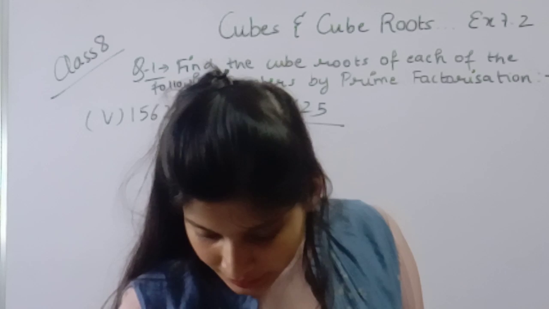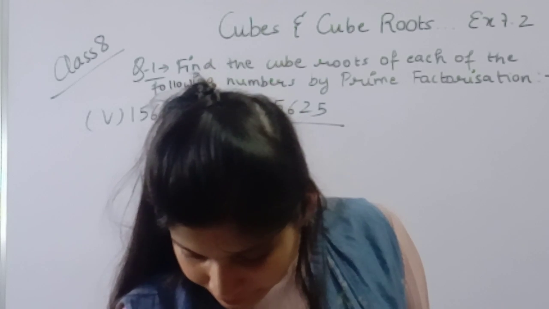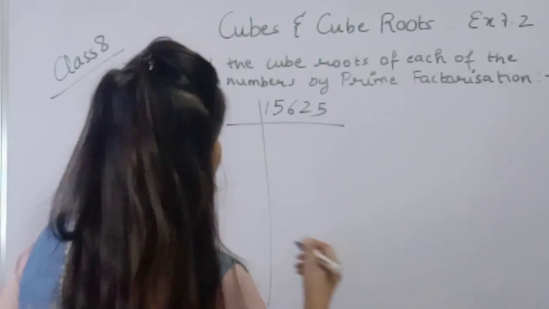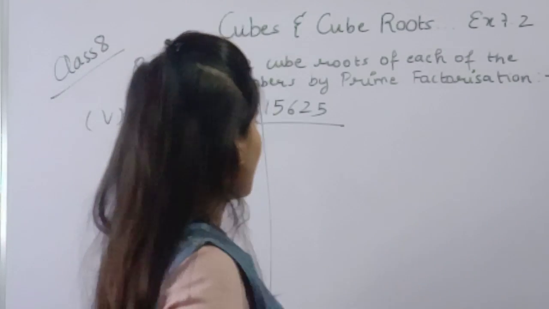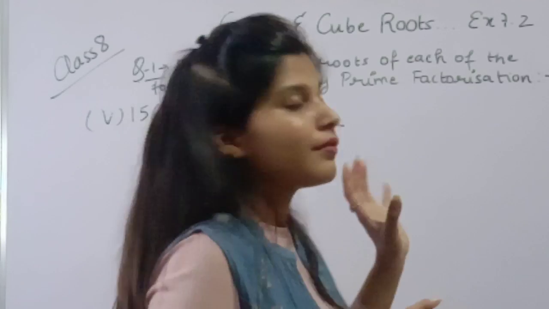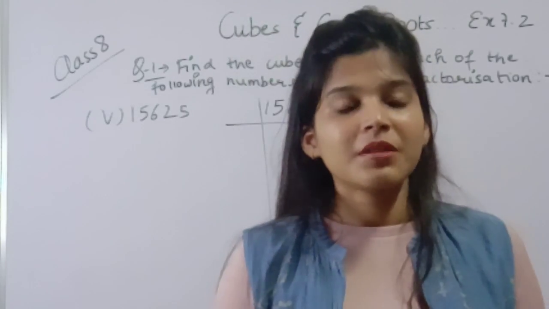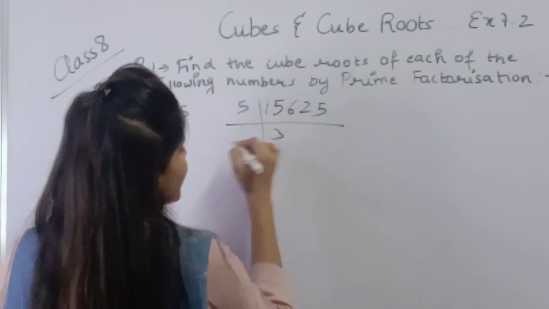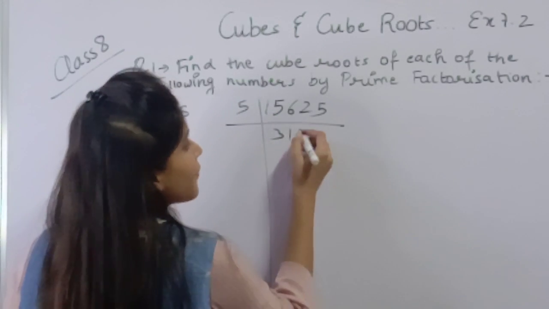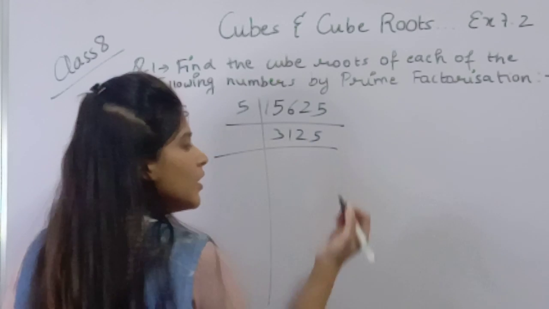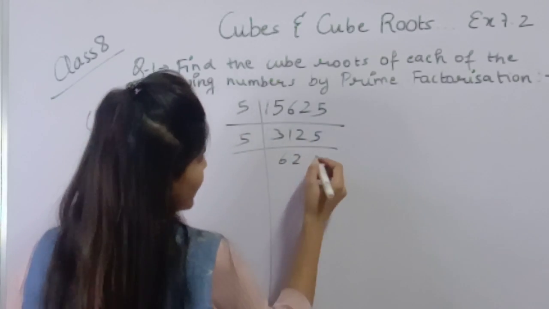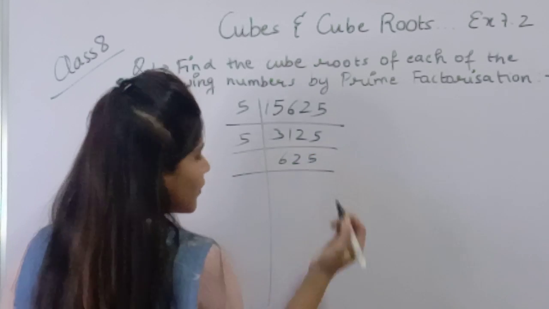But it is not a multiple of 3, but in the unit place we have 5, so it is a multiple of 5. 5 3s are 15, 5 1s are 5, 5 2s are 10, 5 5s are 25. Again 5 6s are 30, 5 2s are 10, 5 5s are 25.